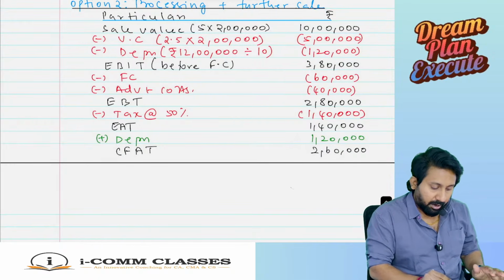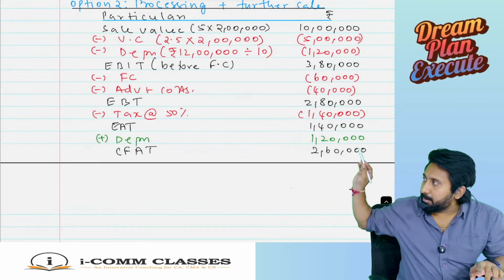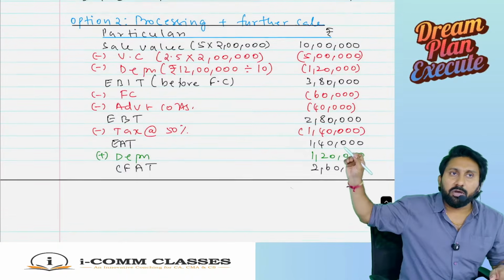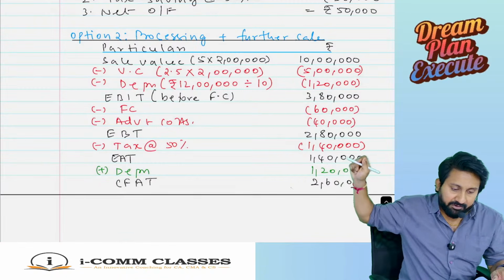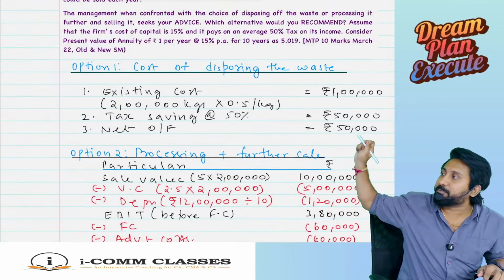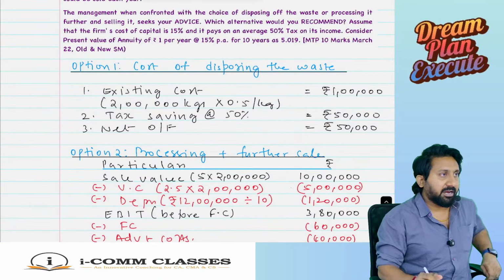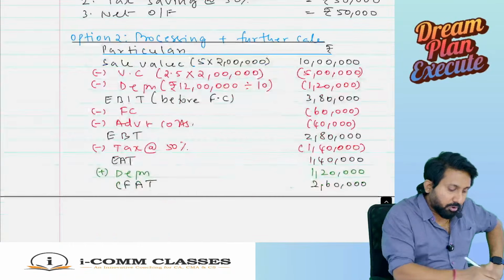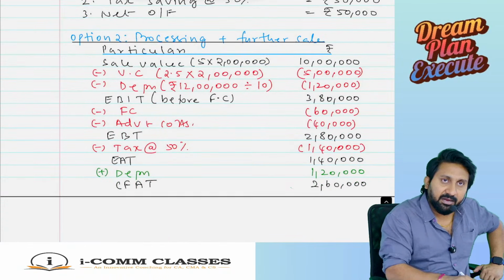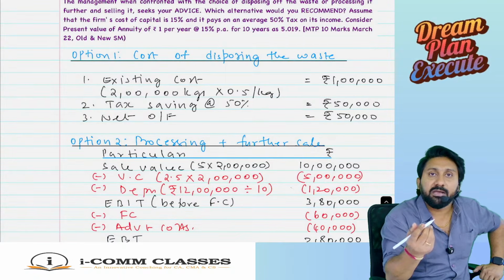Listen. Up to here, everyone understood? Now see there. Because of going for processing of waste and selling them, we need to spend 50,000 rupees, which we normally spend and need not spend. Normally, if you don't go by further processing and sale, you need to dispose the waste by putting a cost of 50,000 or not?